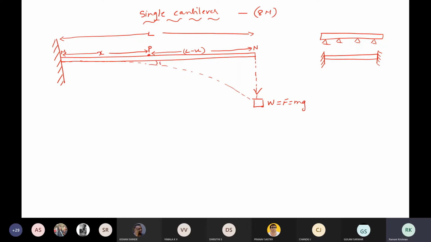Let the depression produced be theta. If I draw a tangent to this depression, let this be dy and let this be dx. So now tell me, what is theta from this diagram?